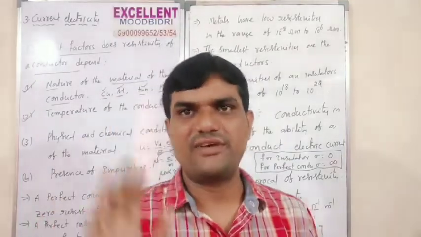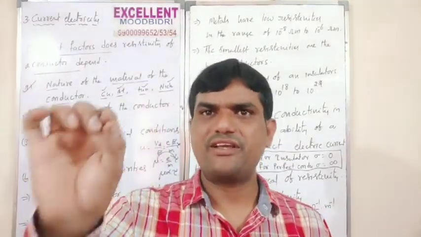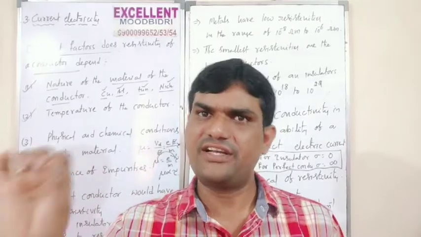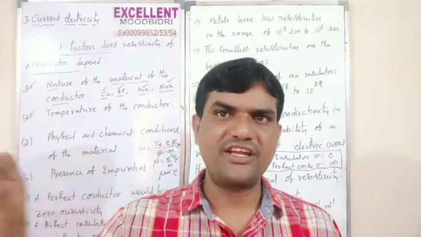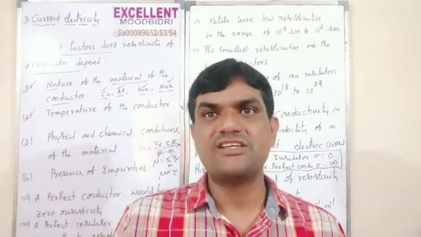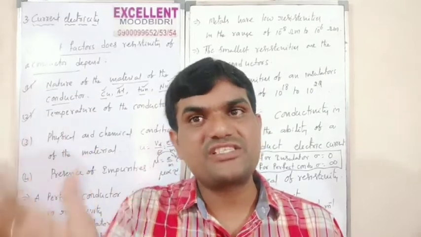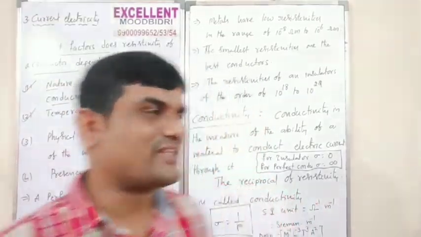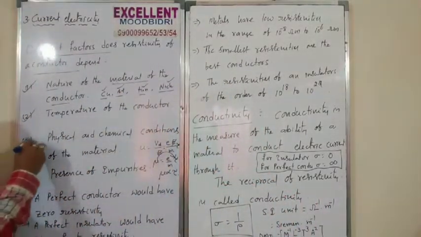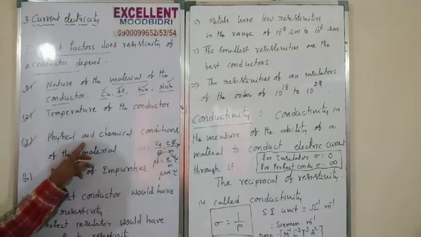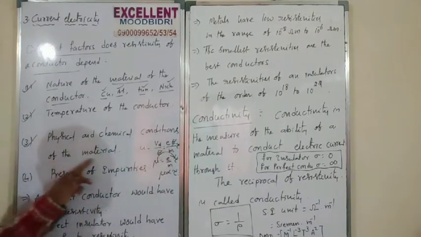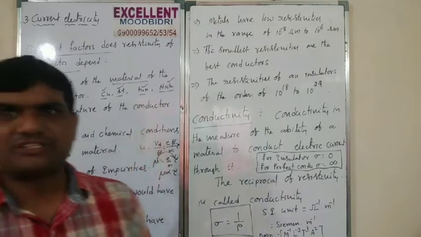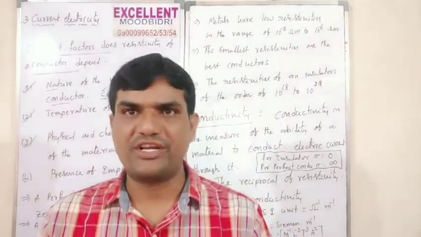So remember, resistivity and resistance both depend on temperature. If the temperature increases, resistance increases, and if resistance increases, resistivity also increases. Third point, physical and chemical conditions of the material. That means pressure and temperature as well as impurities.